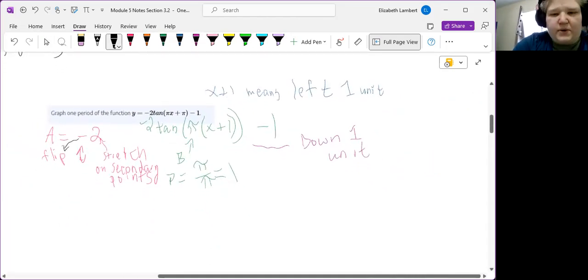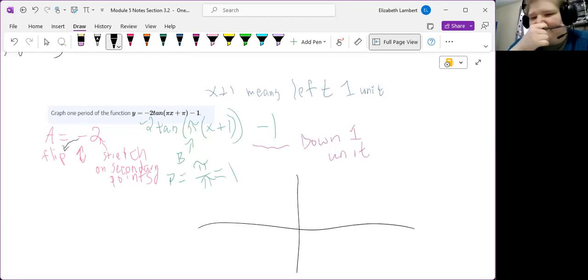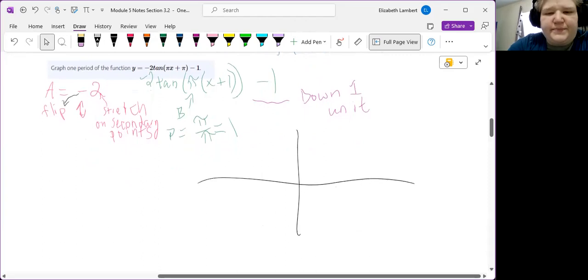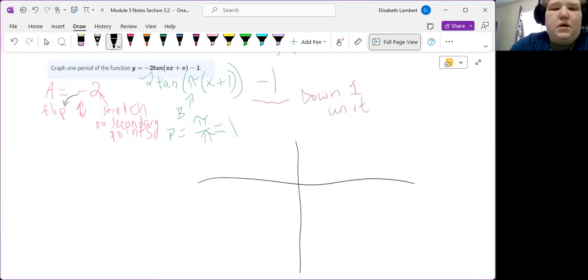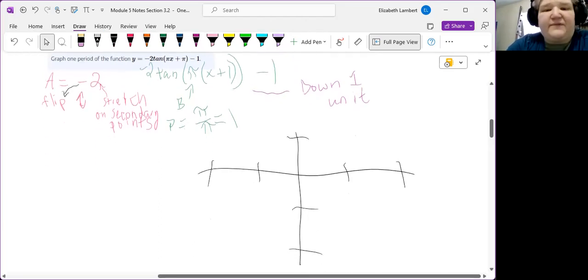So let's go ahead with here. I'm going to make it a little bit bigger. Okay. So we have 1, -1, -2, +1, +2. Let's see. So I'm putting extra just because I know it's going to go down 1. And then here I have a left 1.